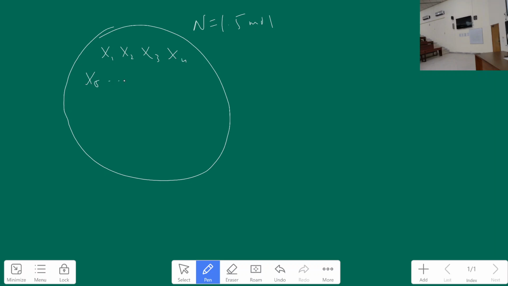let's say this is the population of Swabi adults, let's say 1.5 million. And let's say x1, x2, x3, x4, x5, x1000, x10,000, x50,000, whatever, and up to xn.